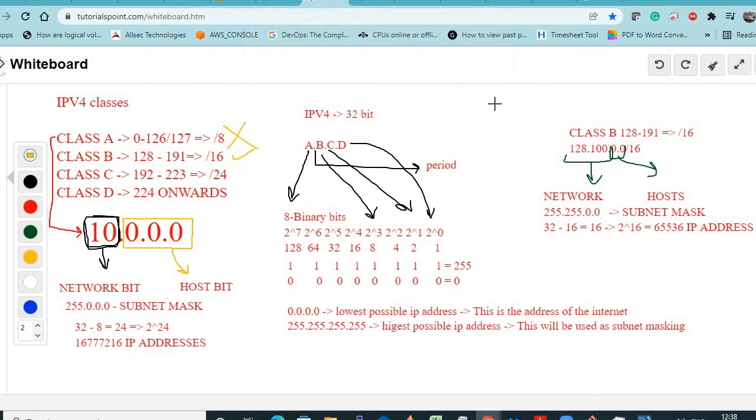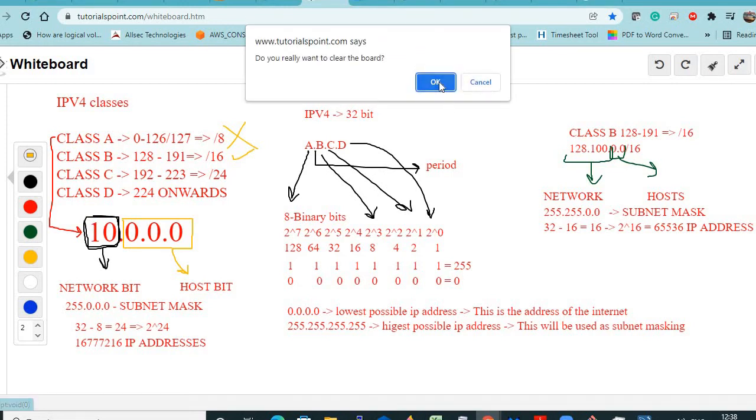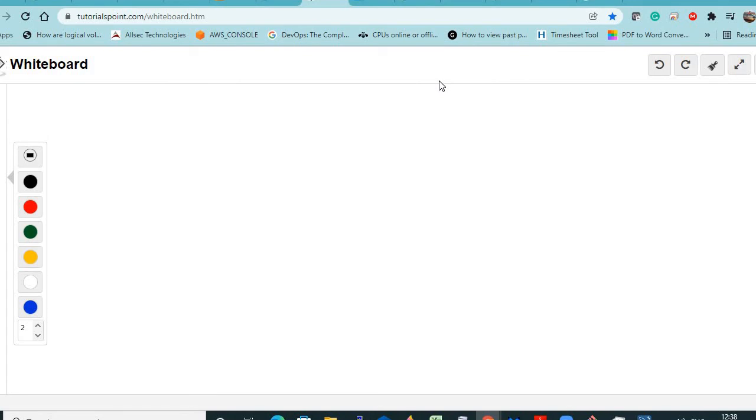Now, even though we have these many classes and each class will have these many IP addresses, this created IP shrinkage. Now, what do you mean by IP shrinkage? It means the customers were forced to select the classes, and it made them somewhat restricted.